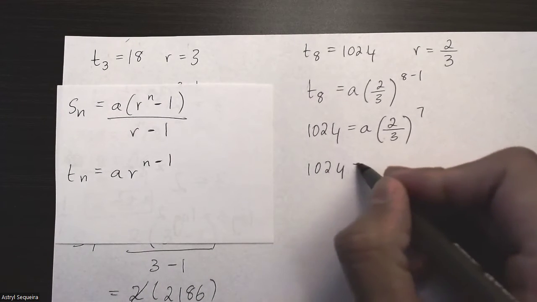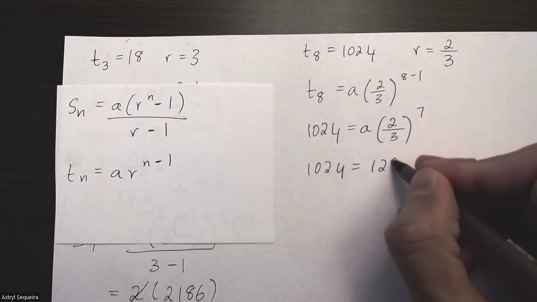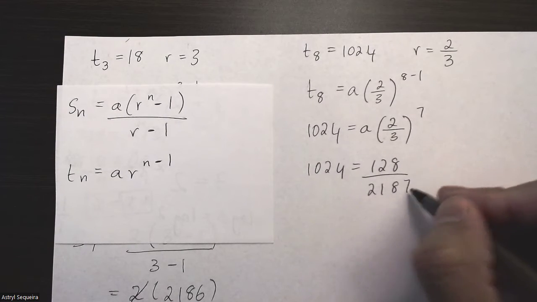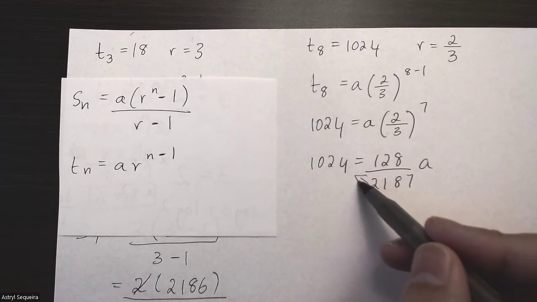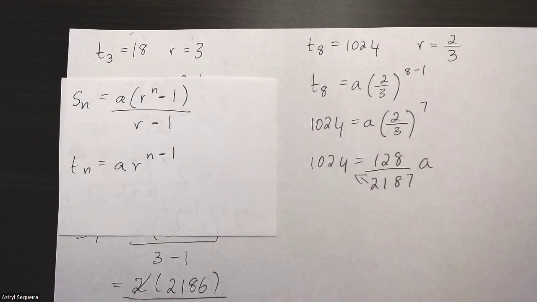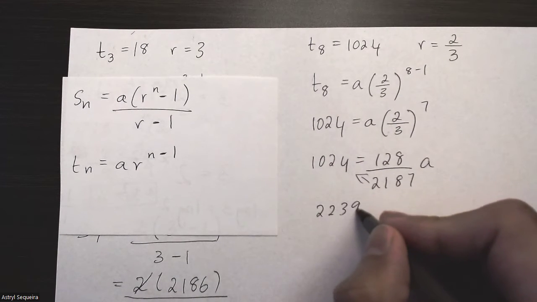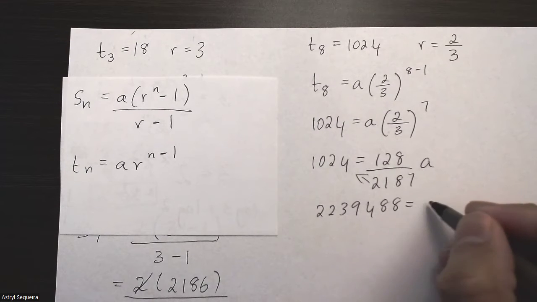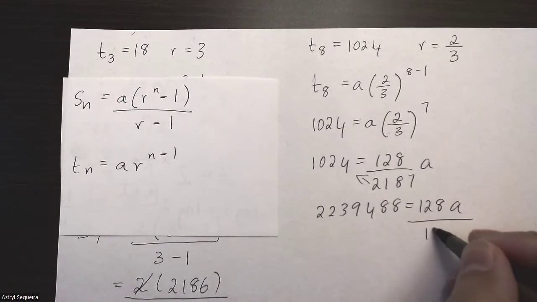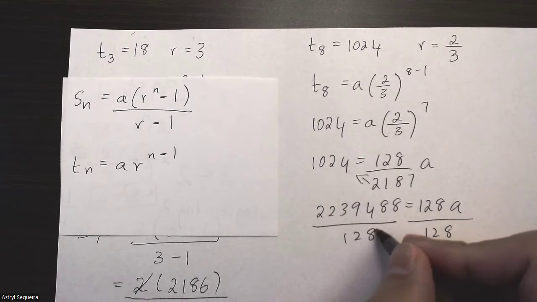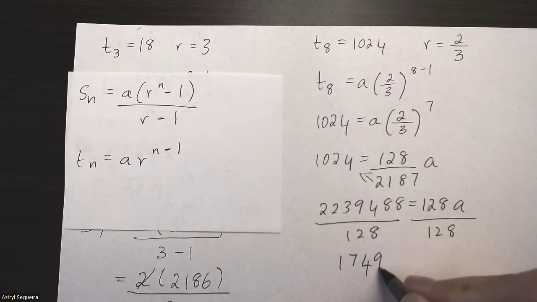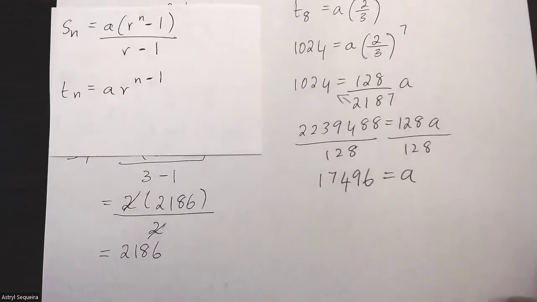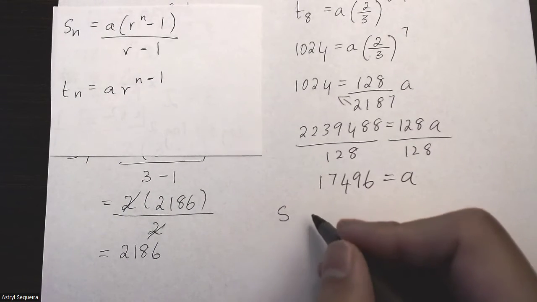So 1024 equals to, that's 128 over 2187 A. I'm just going to cross multiply. 2239488 equals to 128A, and then I'll divide both sides by 128 to find my A, which is 17496. Once I find my A, I can sub it in my sum equation.